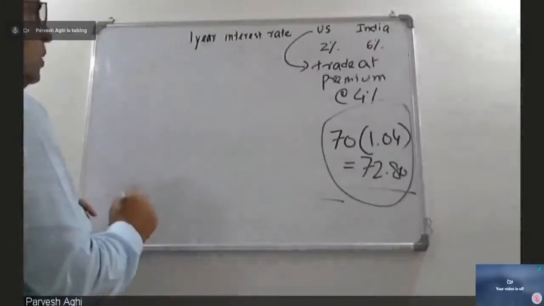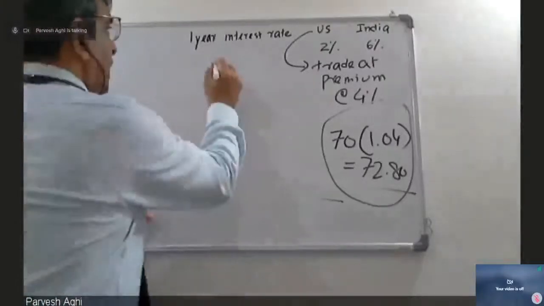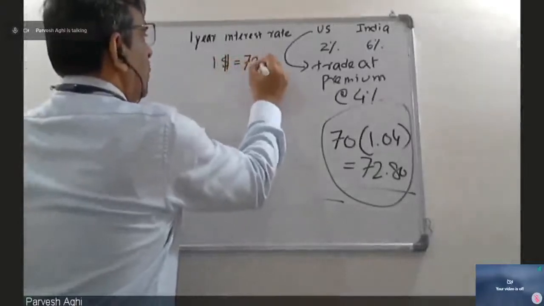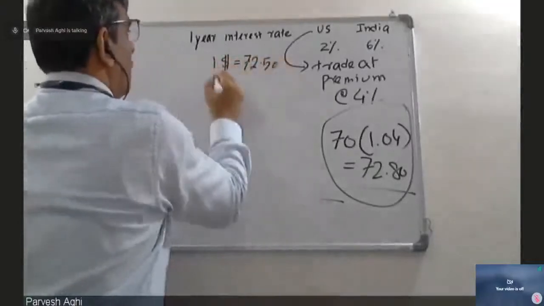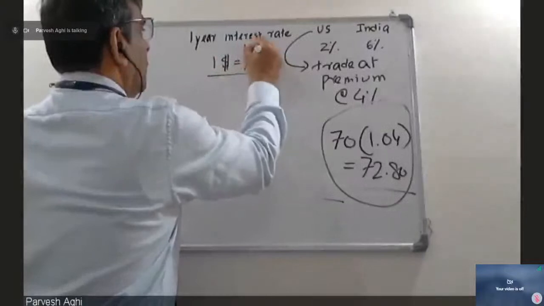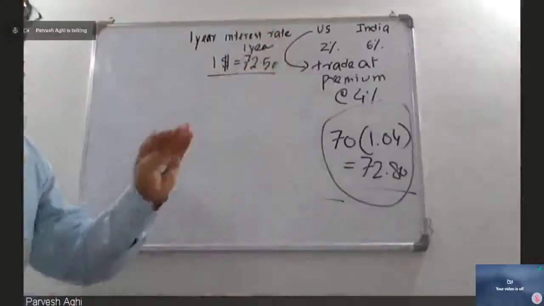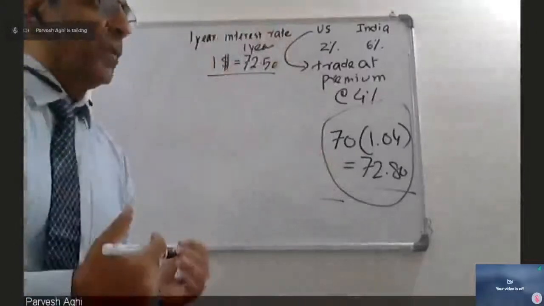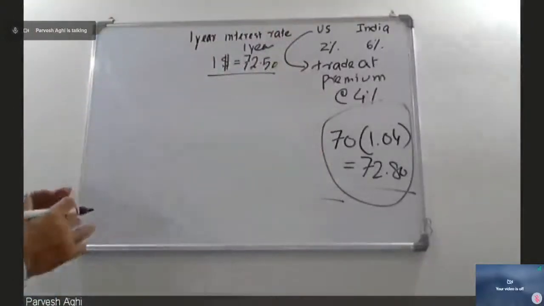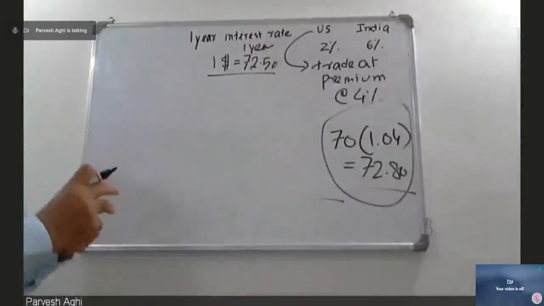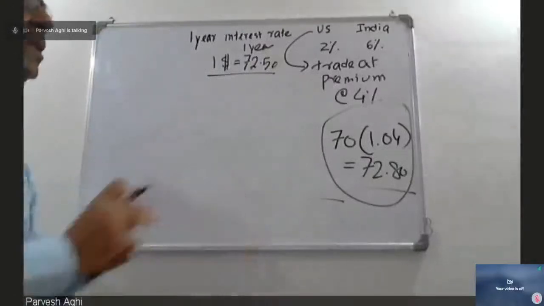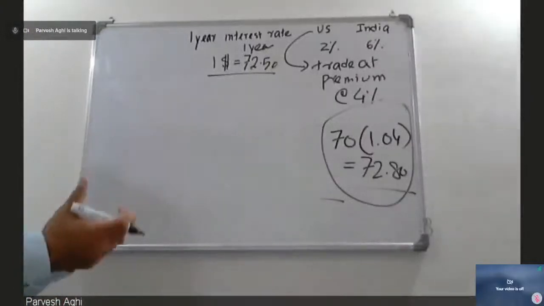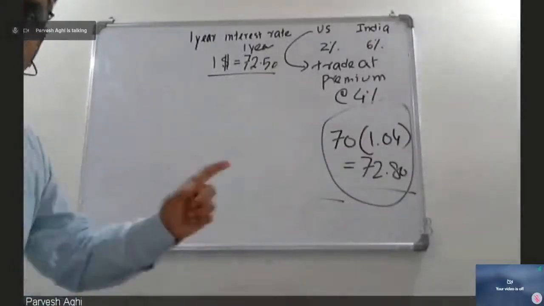So at $1 equals 72.50, this is a 1 year forward rate, okay, 1 year forward rate. Since our currency has not depreciated by 4%, the depreciation is less than 4%. So that means people from the US will start putting money in India because they will be making an earning.